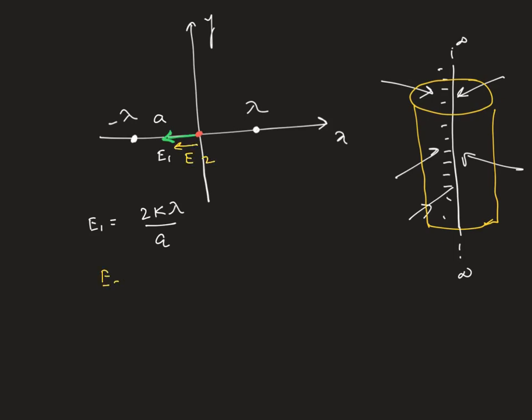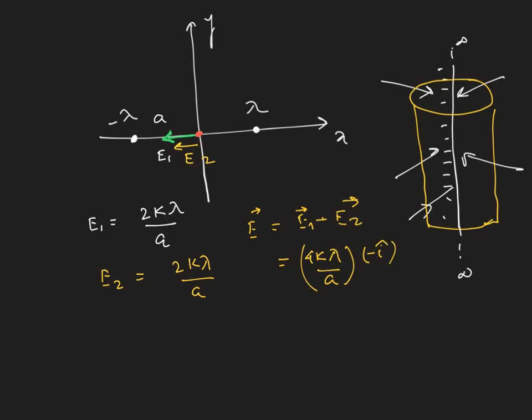So what is E2 going to be? Again 2kλ by a. So what is the net field going to be? E1 plus E2, and that is 4kλ by a along the negative x-axis, minus i cap.